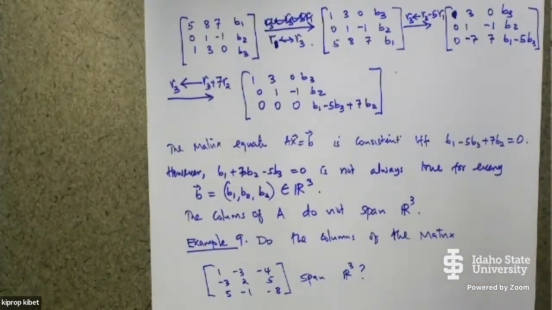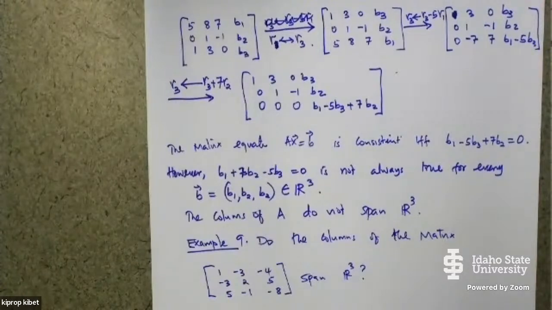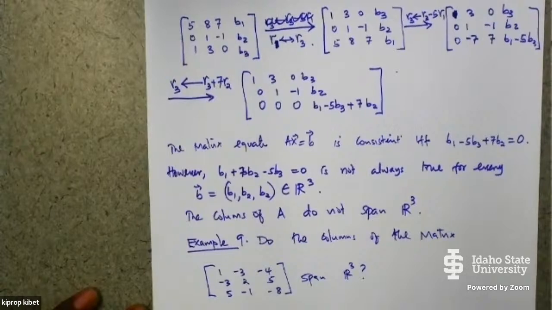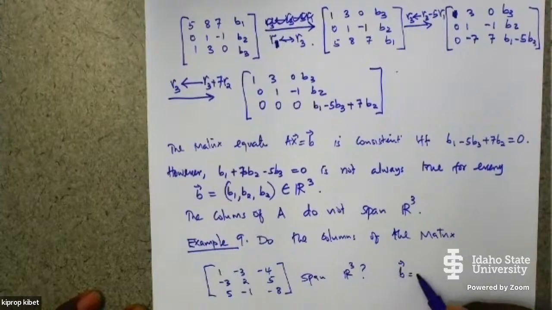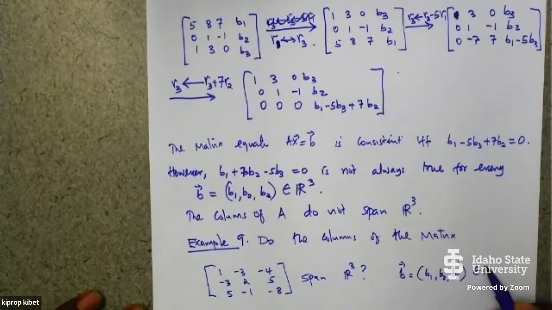This is similar to what we did here, so you use the same way. You introduce a vector B, which equals B1, B2, and B3, an element of R3.